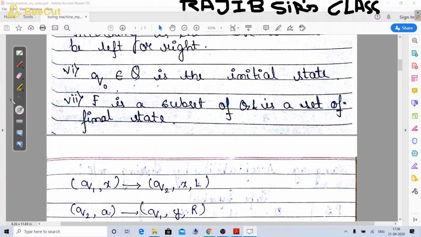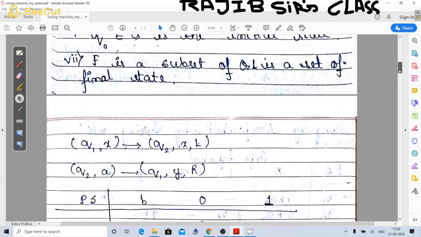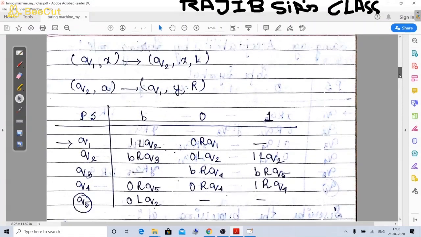Now we will see some examples of how these transition functions can be written. You can see clearly that by this transition function, if we apply X upon q0, we will go to q2.